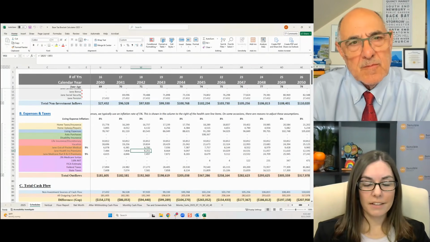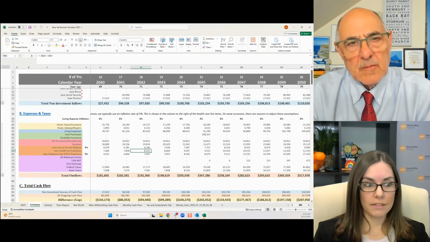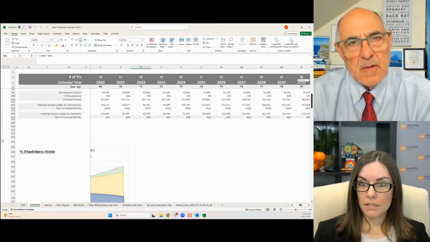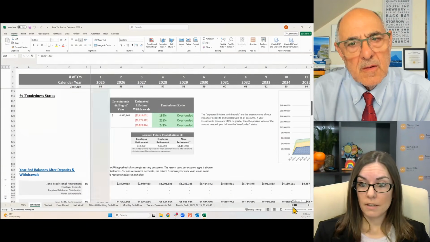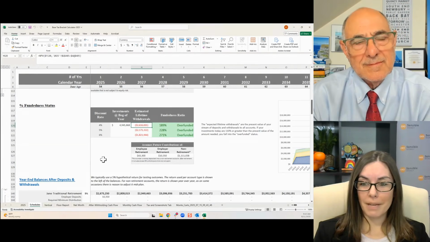Some of the kind of like, okay, what does this mean in terms of retirement metrics, or how can I analyze or evaluate this? Well, one of the things we look at in this particular meeting is something we call fundedness. You mentioned the 4% rule earlier, Bob, and your back of the napkin math was great.